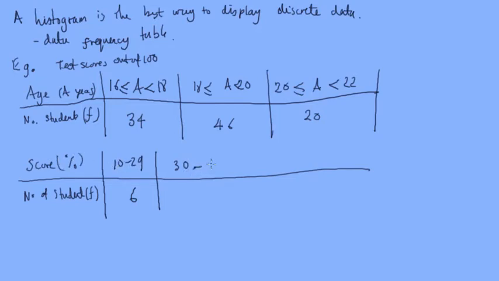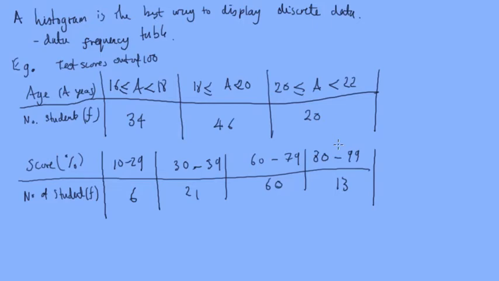Between 30% and 59%, there are 21 students, and between 60% and 79%, there are 60 students, and 80% to 99%, 13 students get this high grade.